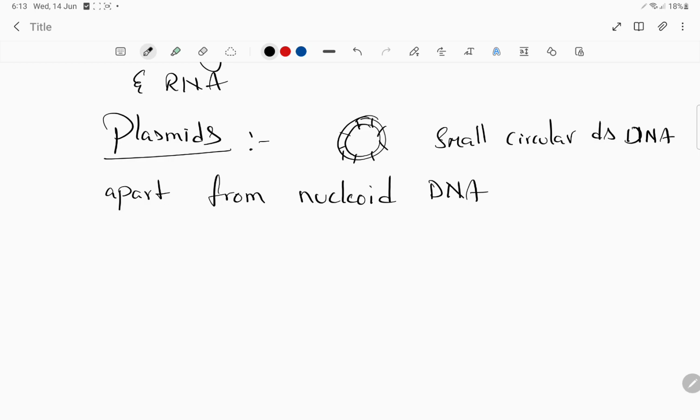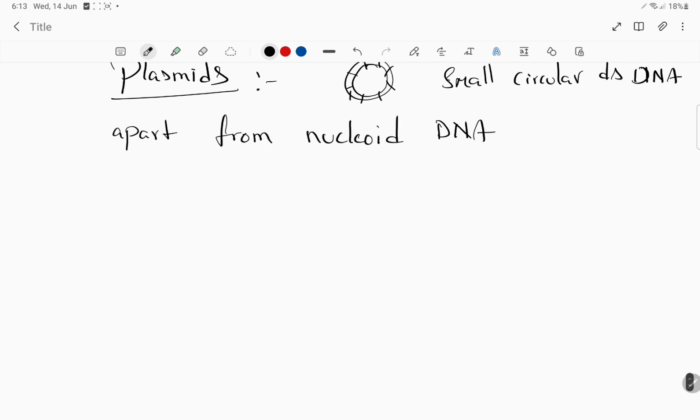So the smaller DNAs we call plasmids. The plasmids replicate independently of the main DNA. So the plasmids may carry genes for specific functions, like genes for antibiotic resistance, and N2 fixation genes.